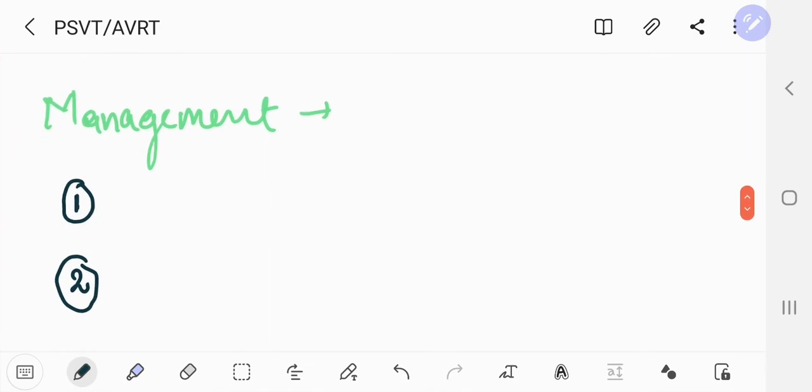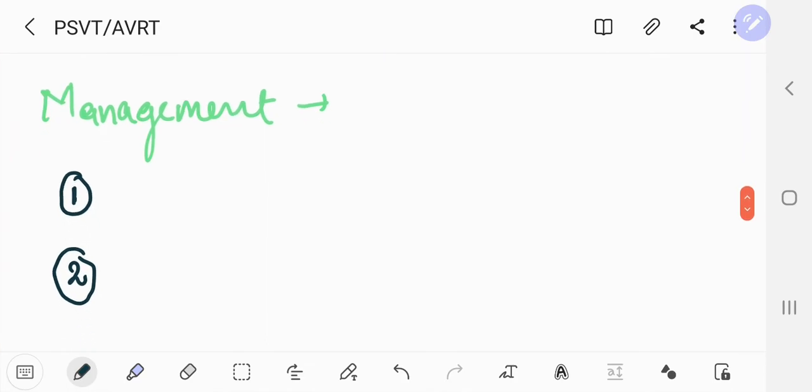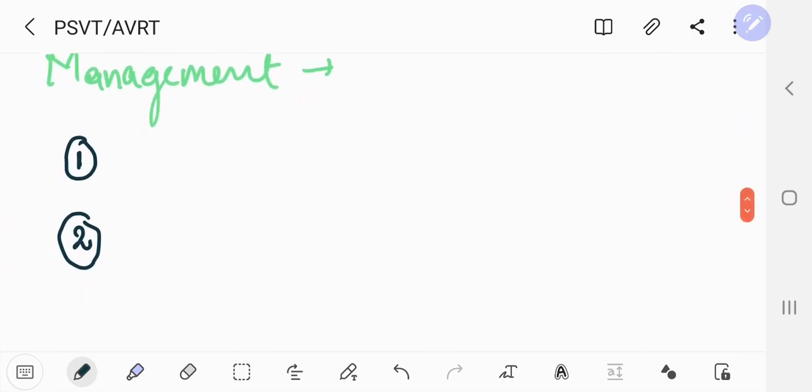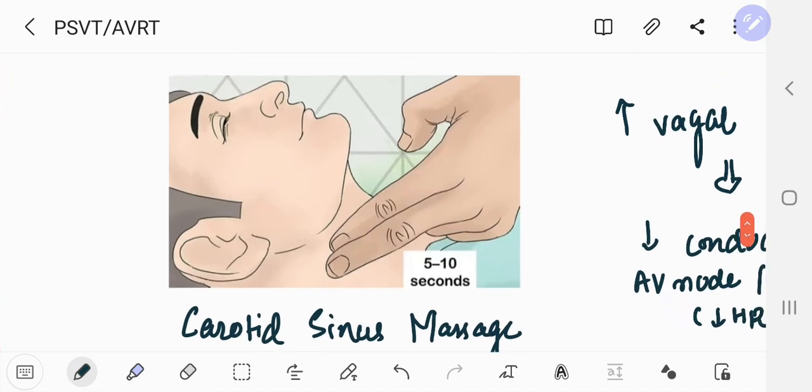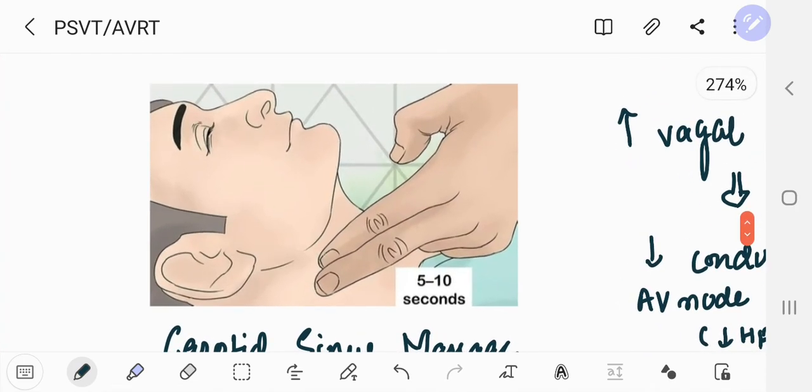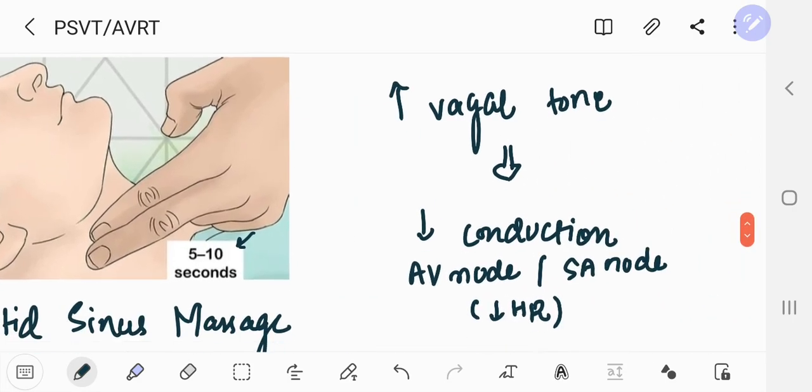And if a patient comes to you with this sort of finding, then the management is done by carotid sinus massage. In carotid sinus massage, we put our fingers where we take the carotid artery pulse and then move them in a circular motion for 5 to 10 seconds. Moving our fingers in a circular motion on the carotid pulse increases vagal stimulation.